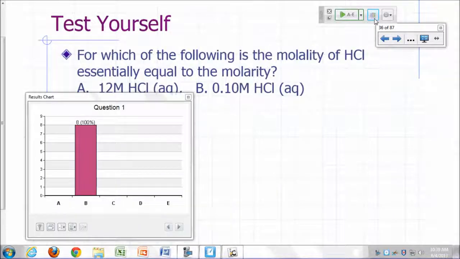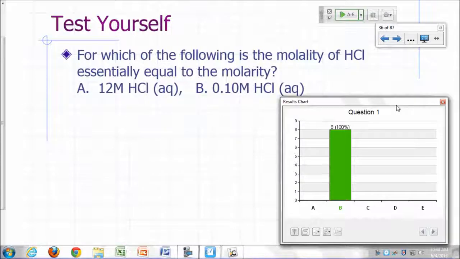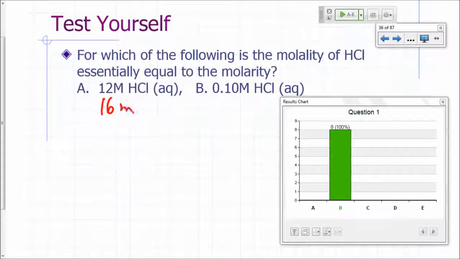So what's the correct answer? Very good. Oh yeah, I'm sorry. It's B. I thought you all picked A. All right. So in fact, we did show earlier that this was 16 molal, right? But you would expect, since this is very dilute, this is going to be approximately also 0.1 molal. So little m is molality, big M is molarity.